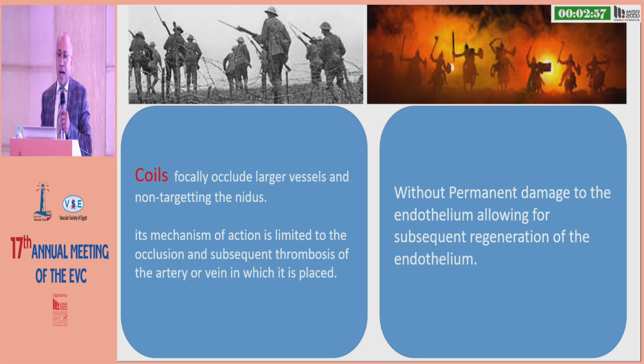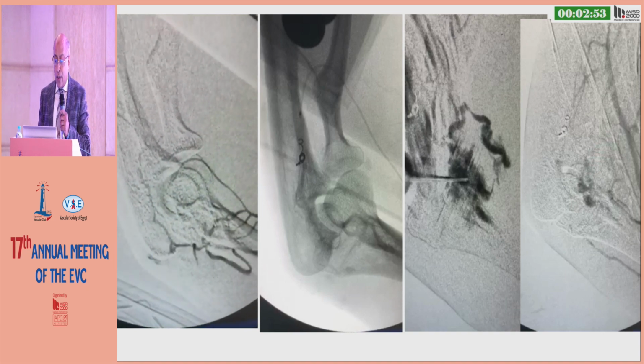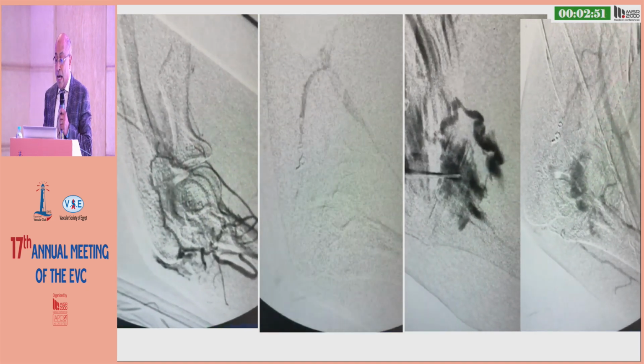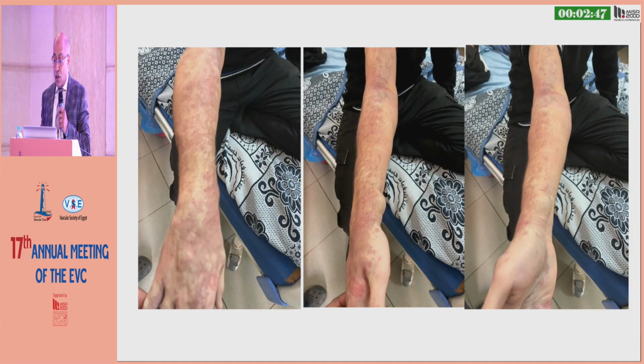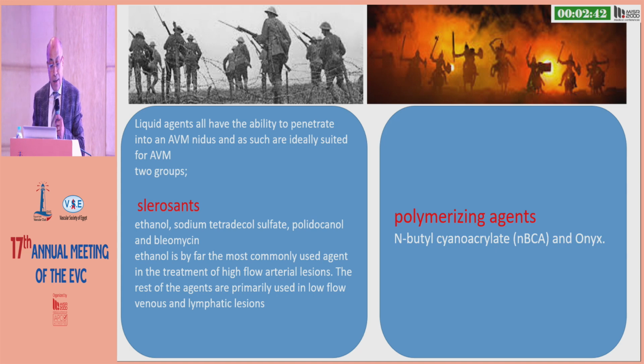So the feedback or the fireback will be again recruitment and recurrence of the lesions. You can use as many coils as you can, in any accessible sites, and you can have such very nice images of large lesions like in the upper arm. You can use liquid agents. Liquid agents have many advantages like reaching the nidus, diffuse occlusion, and intimal damage in an extirpating way.